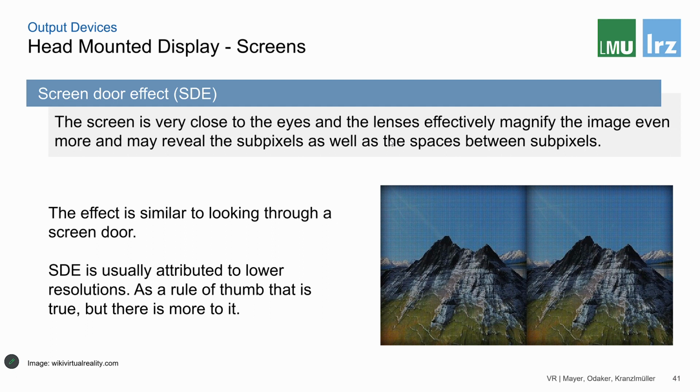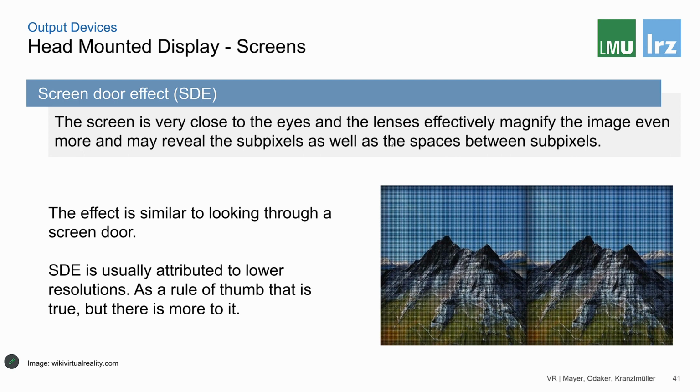So if you look at a screen that isn't extremely high resolution through a lens, you might see this effect that makes it look like you are looking at the image through a screen door, those mosquito net door thingies that some people have in their windows. And you don't want that. You don't want it to look like there is a grid in front of your image.